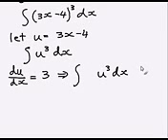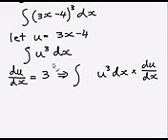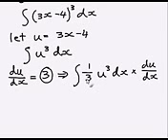But of course we know that du/dx is equal to 3. So because we're multiplying by 3 at the end, we also need to divide by 3 somewhere else. Otherwise it won't be unchanged overall. So I'm going to put a fraction, 1/3, in front. So the 1/3 will cancel out the du/dx, which we know is 3.